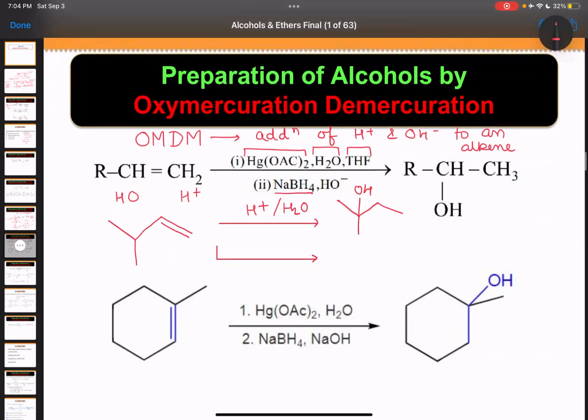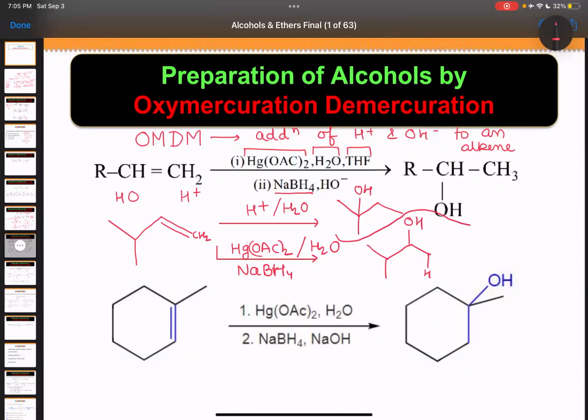So if you take Hg(OAc)2, H2O, NaBH4, the same Markovnikov addition is going to happen, right? But without rearrangement. So Markovnikov addition: this is CH2, so we are going to add H to this, and OH here. No rearrangement has happened. Is it clear?